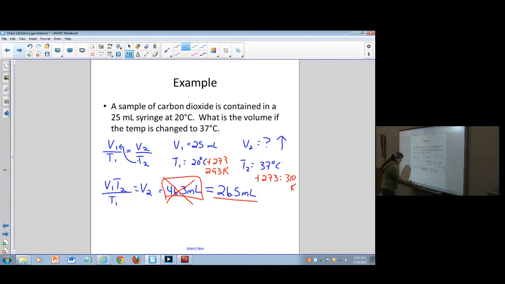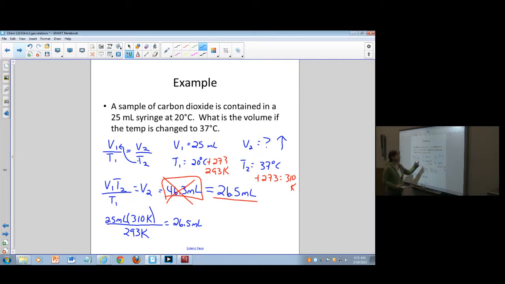Now, when I use these values, I get 25 mils for V1 times T2, which is 310 Kelvin, divided by my Kelvin in T1, 293 Kelvin, and that works out to be 26.5 mils.